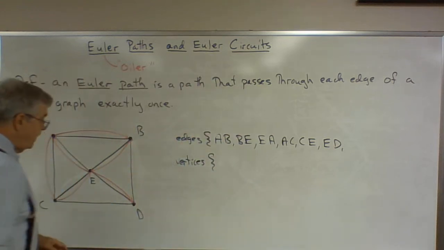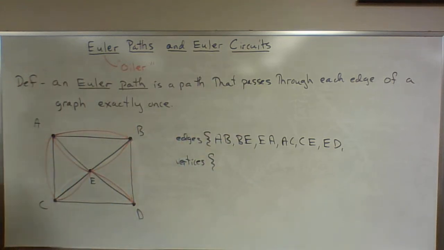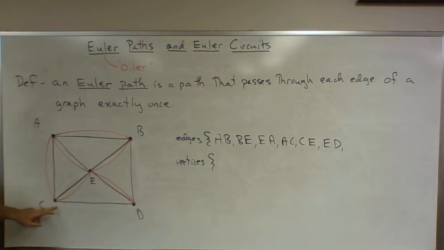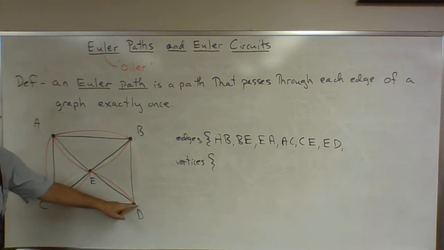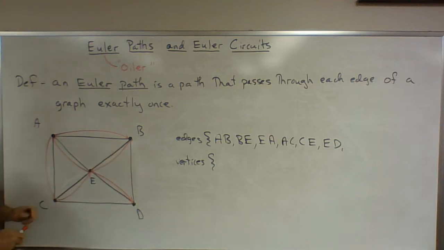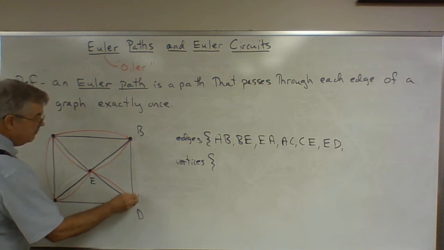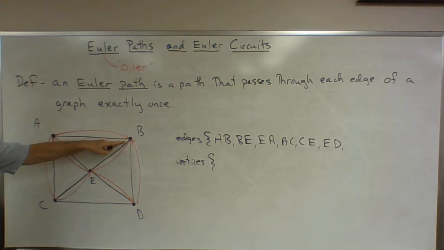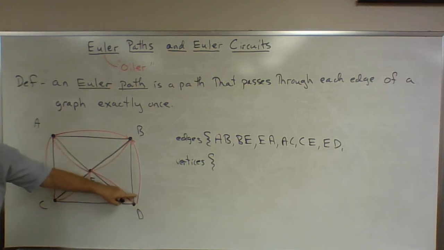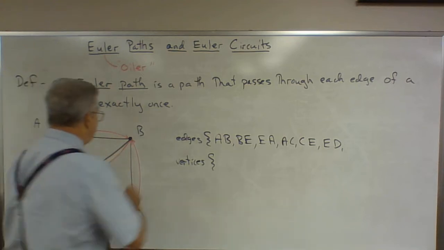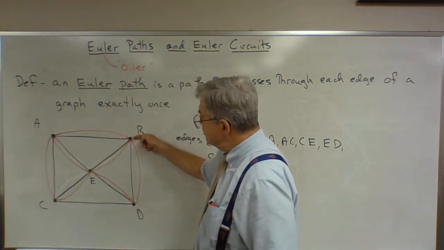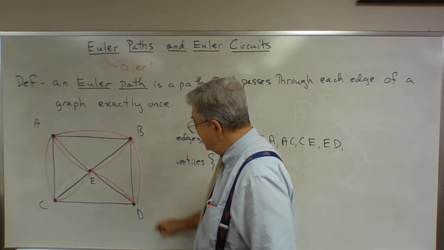And now here I have a choice. Dagnabbit. I can either go on edge DB or I can go on edge DC. But if I go on edge DB like this, then I'm stuck at this vertex, because once I get here traveling along this edge, I can't leave vertex B without traveling on an edge that I've already passed through.